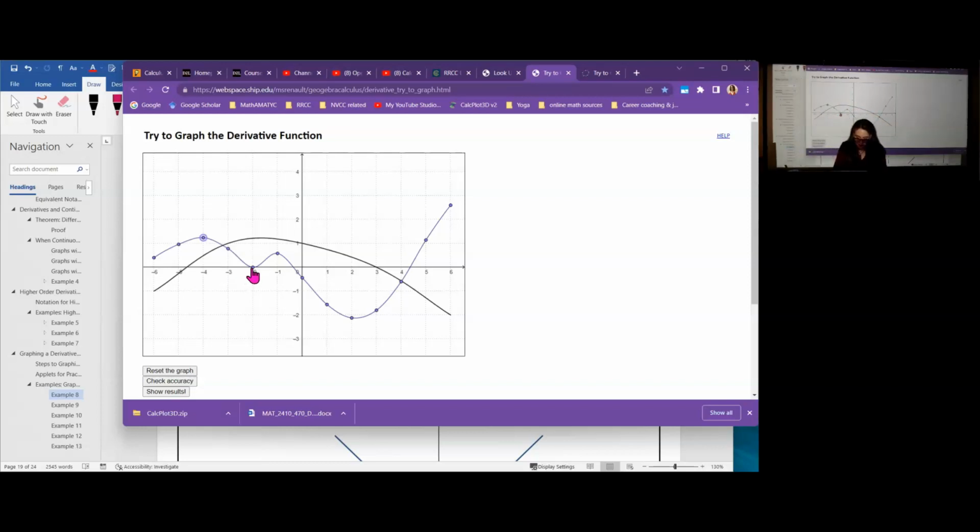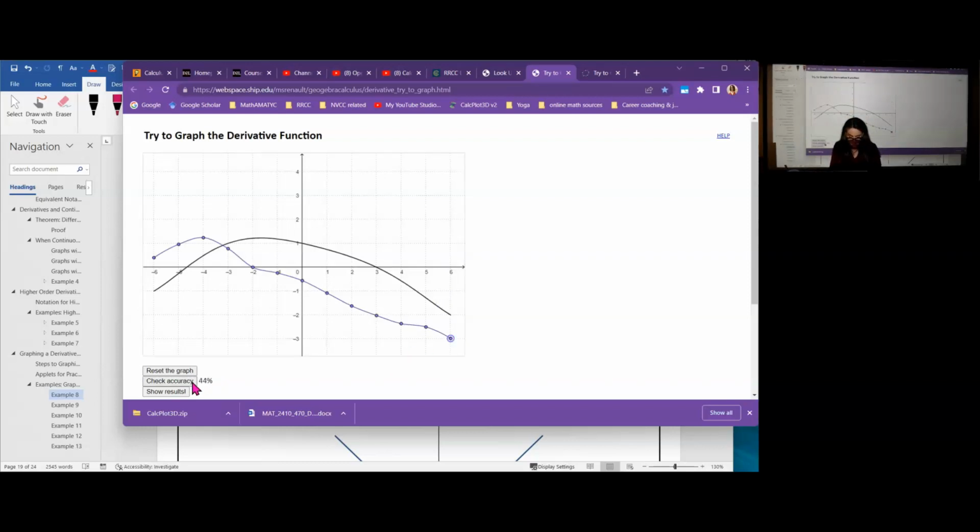That means that at this point, it should be low but negative, and then a little lower and negative each time. I think it's going to be something like this. I could be completely wrong, but let's give it a shot.